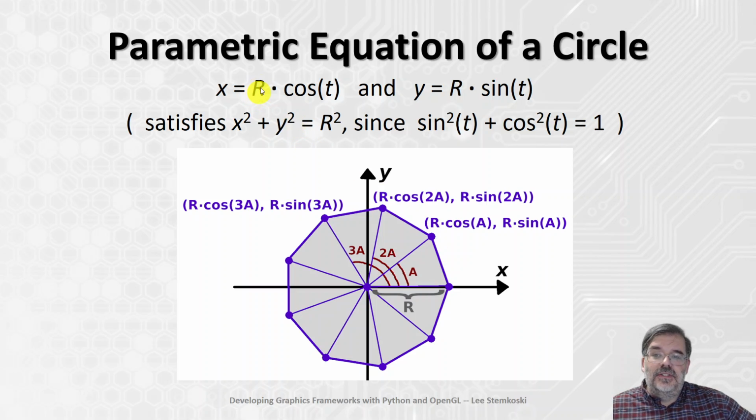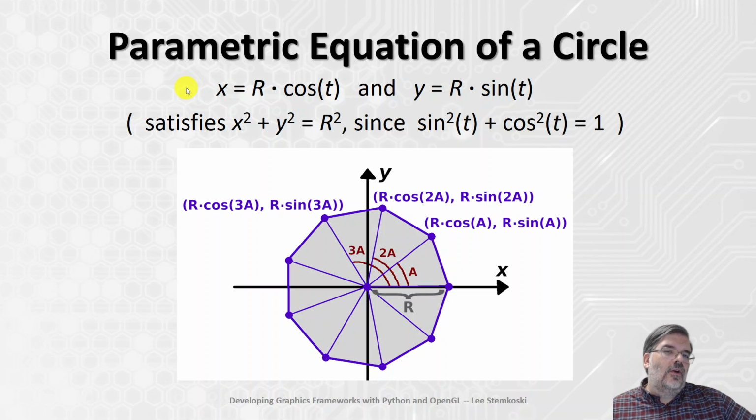In particular, for a circle of radius r, the equations are x equals r times cosine t, and y equals r times sine t. So x and y are both functions of the parameter, or the independent variable t. And t will range from 0 to 2 pi, so that's what it takes to go through a full cycle of the sine and cosine functions.